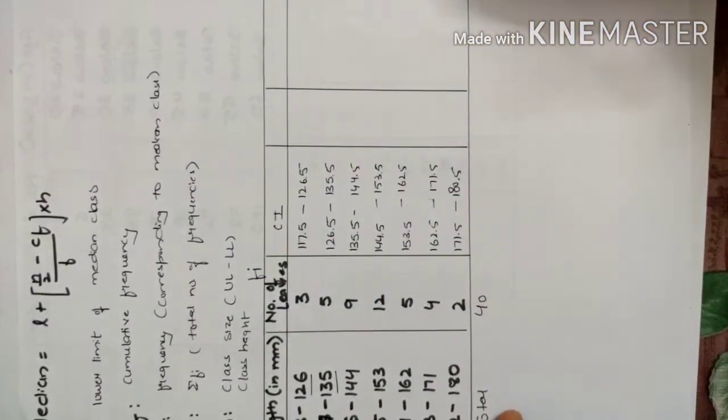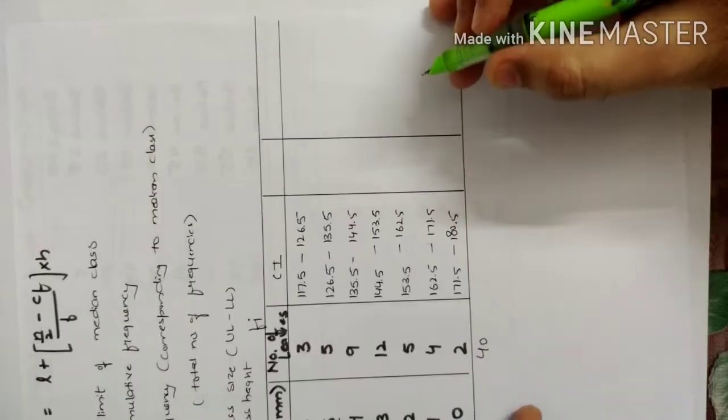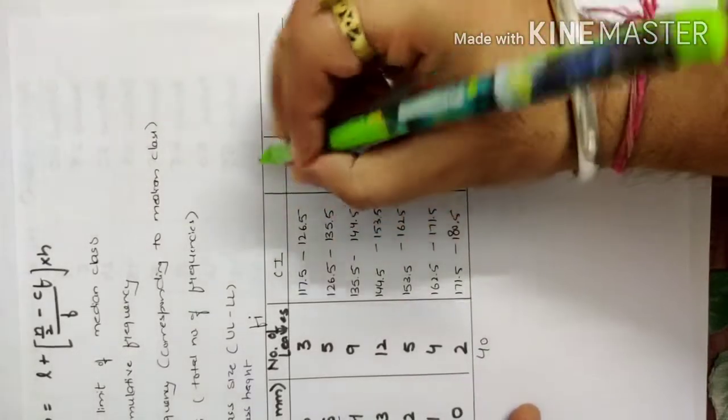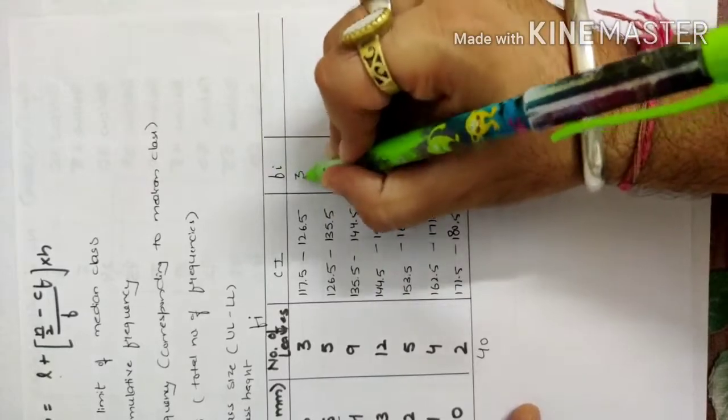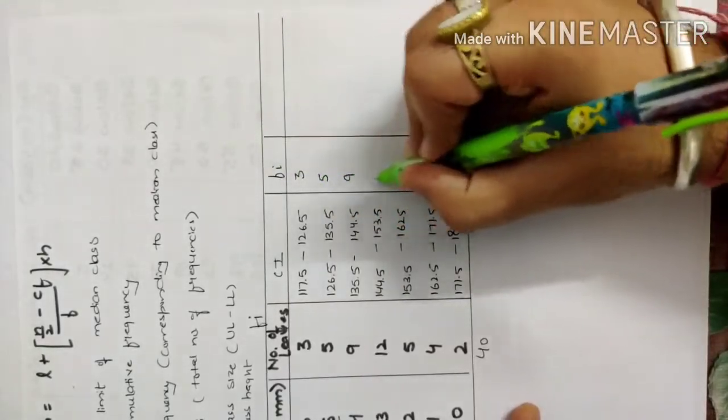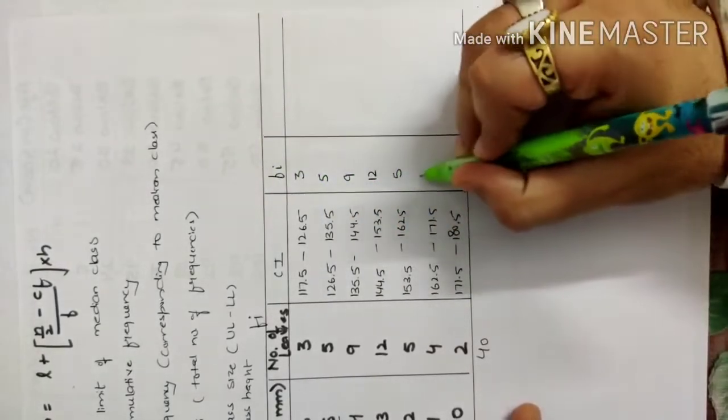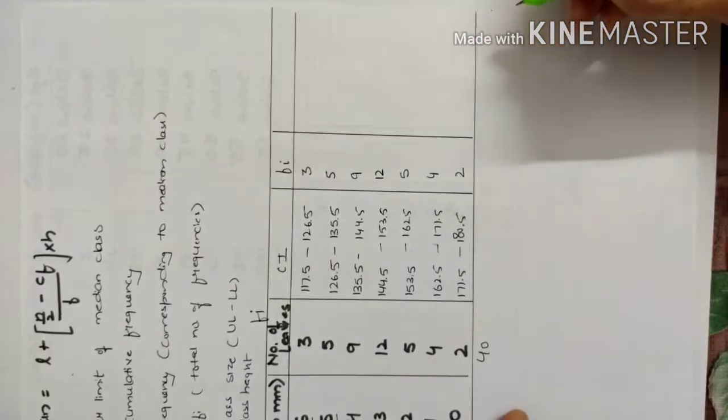Okay, so now in the next column we have frequency with us, given by Fi. So we need to calculate CF. I'll just copy down the frequency again: 3, 5, 9, 12, 5, 4, 2.